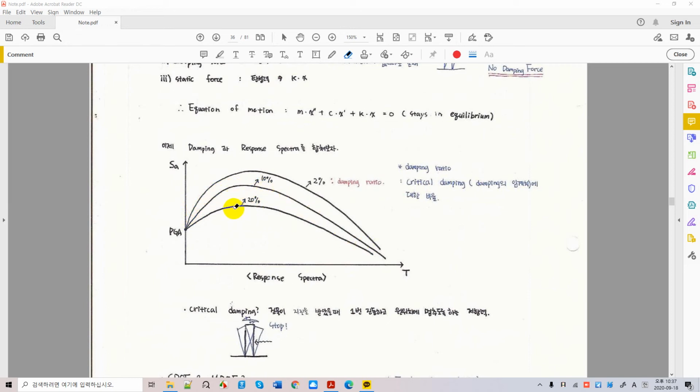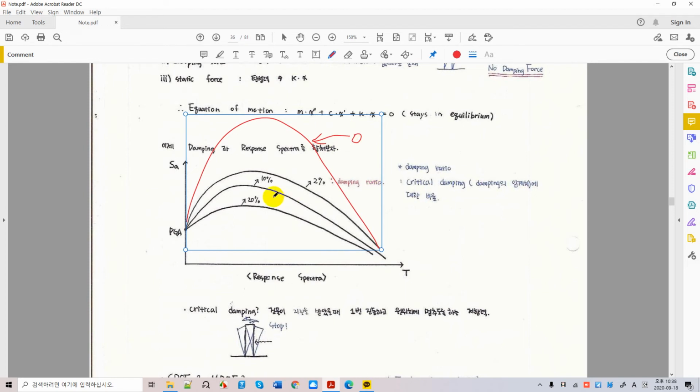So when you have more damping, your response acceleration decreases this way. So the more damping, the more decrease in your earthquake response in all acceleration, velocities, and displacement. Maybe if you don't have any damping, then it may go huge, right? So this is no damping, zero damping.